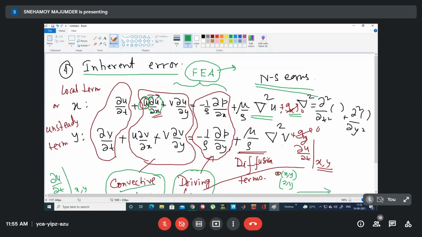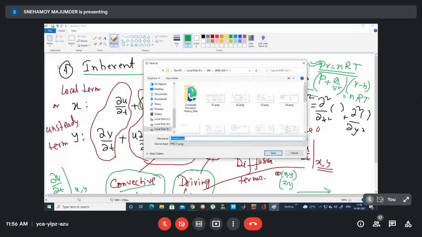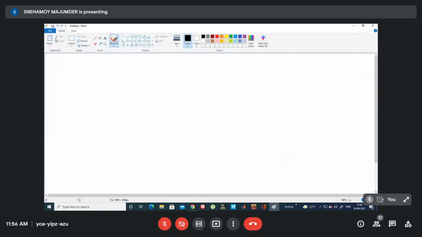For example, আমরা কি করি, PV equal to nRT বলি, কিন্তু এটা কিন্তু নয়, এটা এখানে ইনহারেন্ট প্রবলেম আছে। আমরা কিন্তু (P + a/V²)(V − b) = nRT করি, কিন্তু because এটা ভ্যান ডার ওয়ালস ইকুয়েশন আমরা নিই, তার কারণ এর কিছু ইনহারেন্ট প্রবলেম রয়ে গেছে। So that is inherent error also. এবং ইনহারেন্ট এরার more or less সব প্রবলেমের মধ্যেই থাকবে, কোনোটাতে কম কোনোটাতে বেশি। So that is there inherent problem.